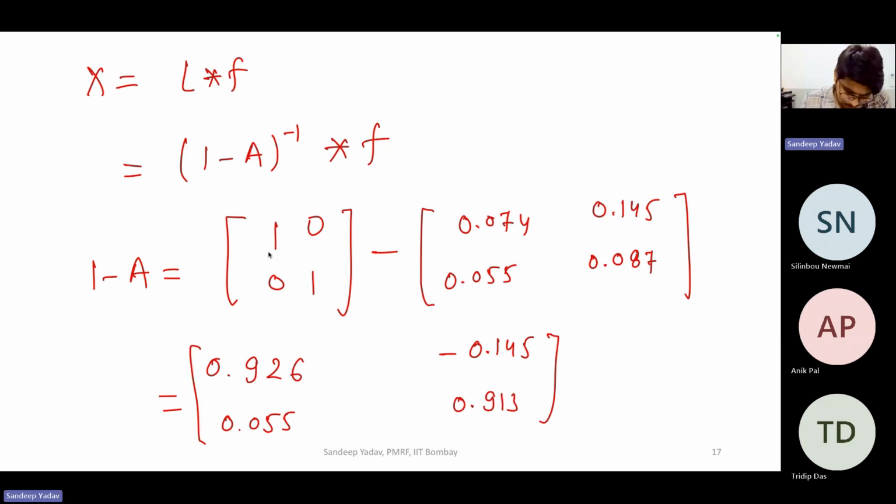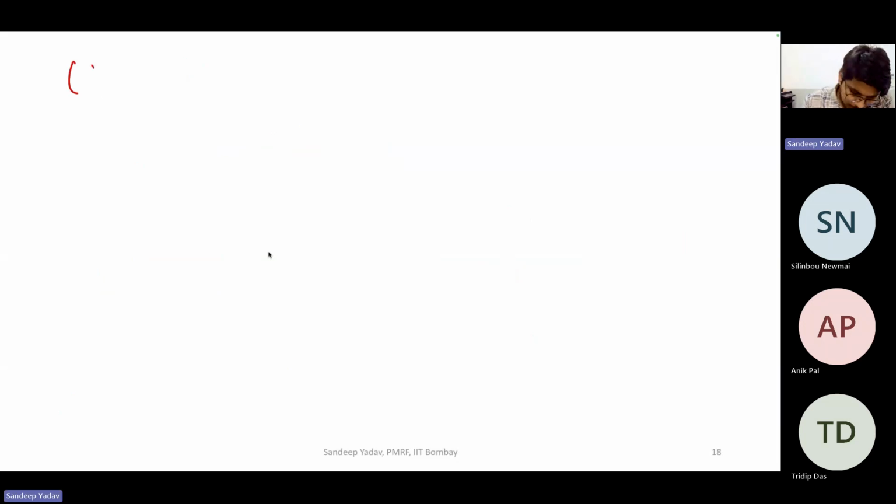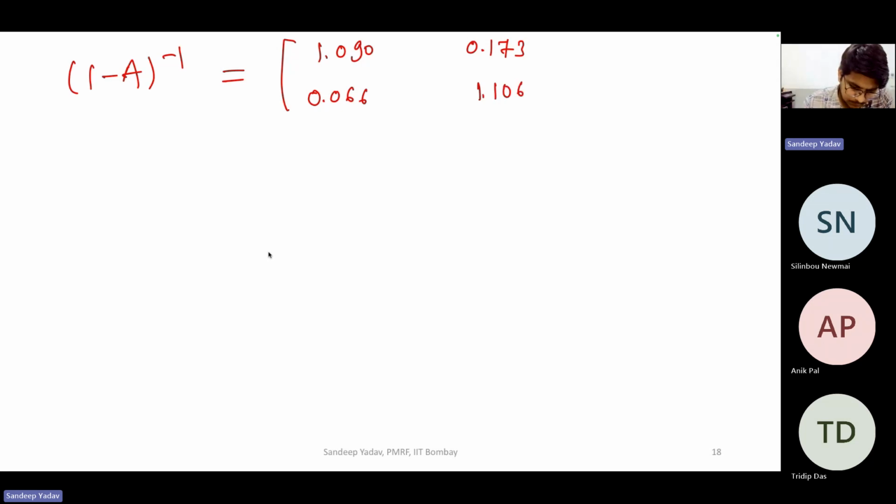This is I minus A. And when we calculate (I minus A) inverse, when you solve this, it would come out to be 1.090, 0.173, 0.066, 1.106.